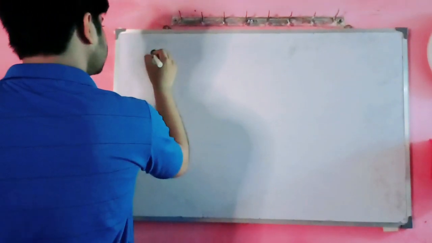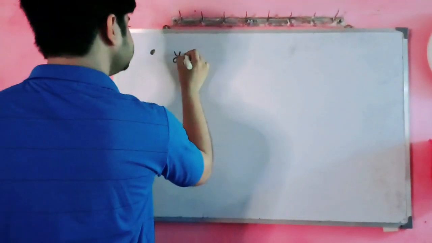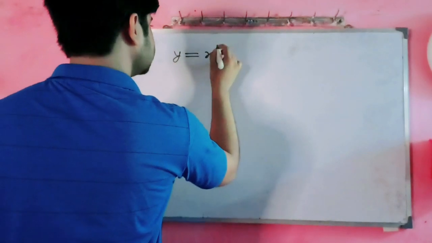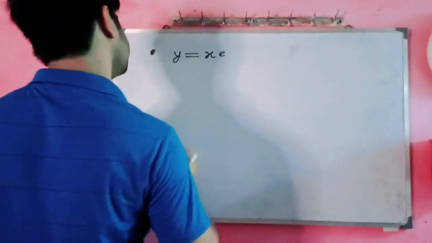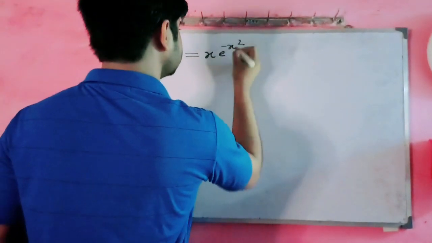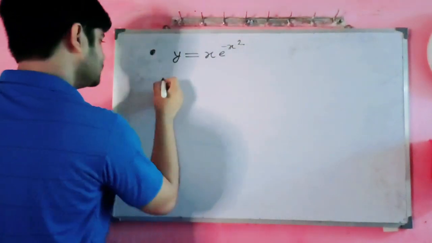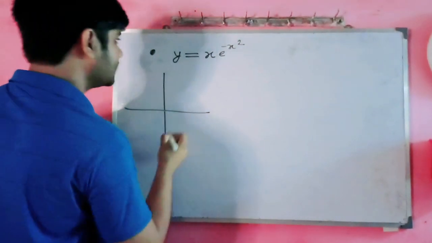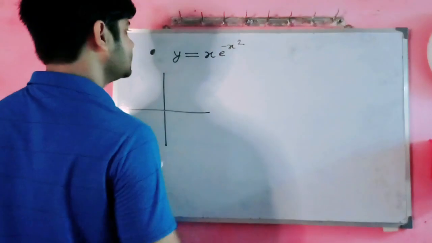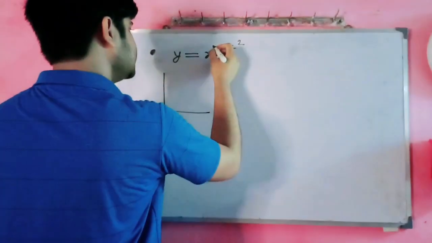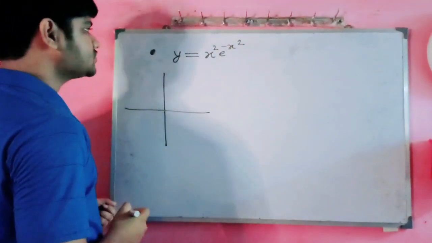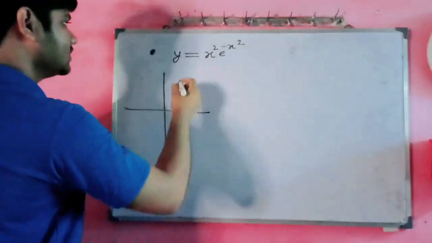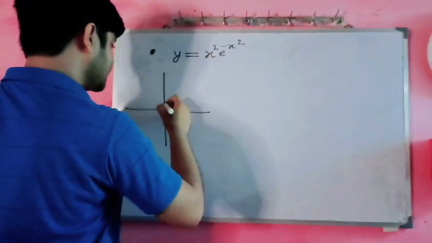Say y equals x e raised to minus x square. So how does it look? Okay, let's suppose y equals x square e to the power minus x square. y equals x square looks like this.